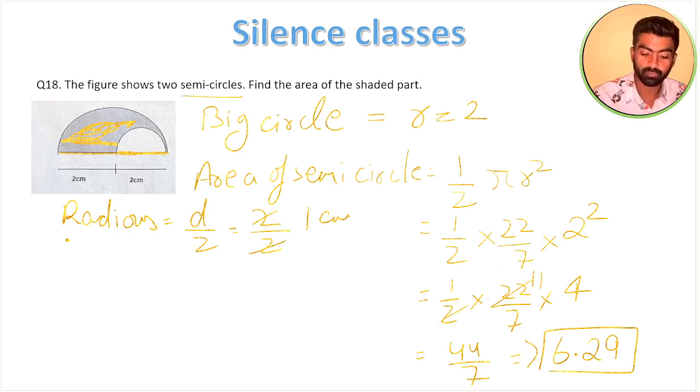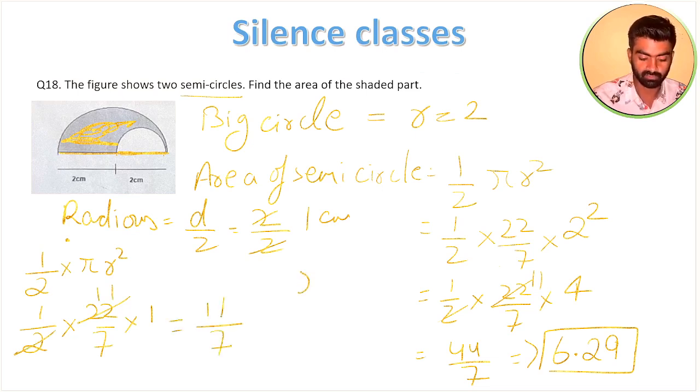Now, by putting the formula 1 upon 2 multiplied by pi r square, we can write 1 upon 2 multiplied by 22 upon 7 multiplied by r square, which is 1 only. So 2 ones are 2, 2 ones are 2. It will become 11 upon 7. We can divide it. 7 5s are 35.